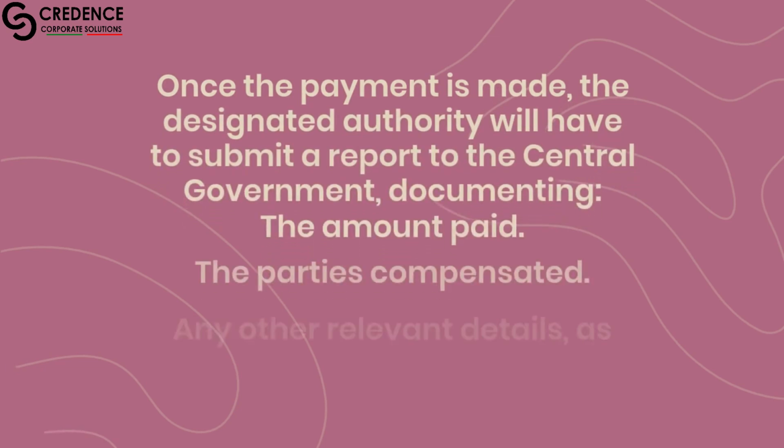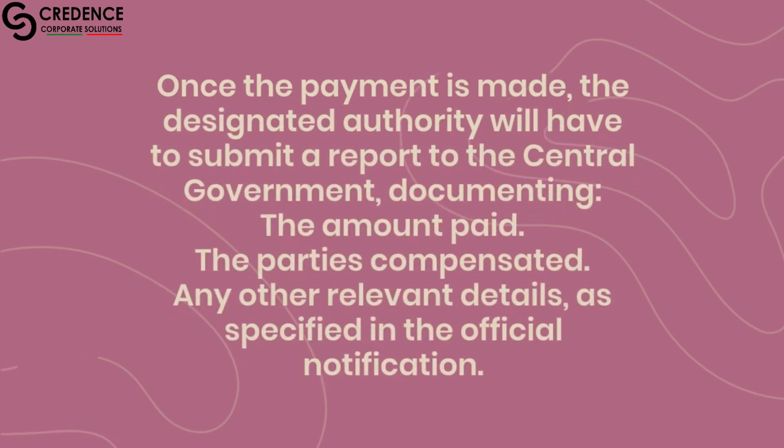Once the payment is made, the designated authority will have to submit a report to the central government, documenting the amount paid, the parties compensated, and any other relevant details, as specified in the official notification.